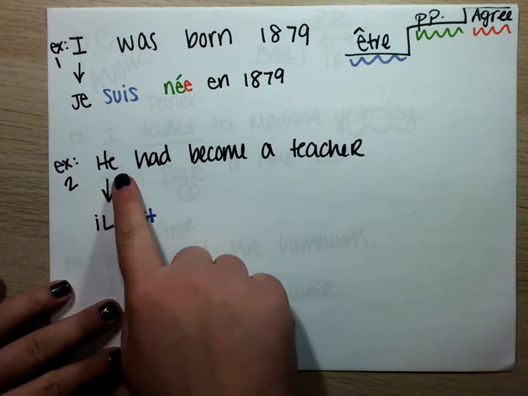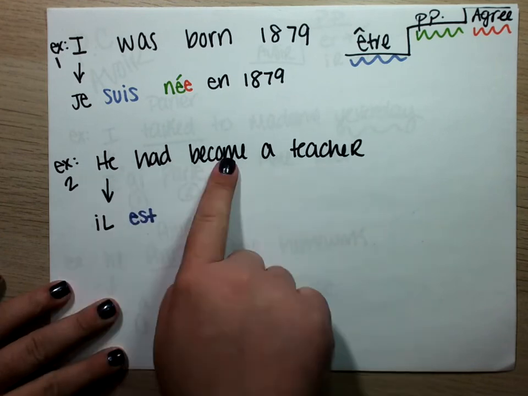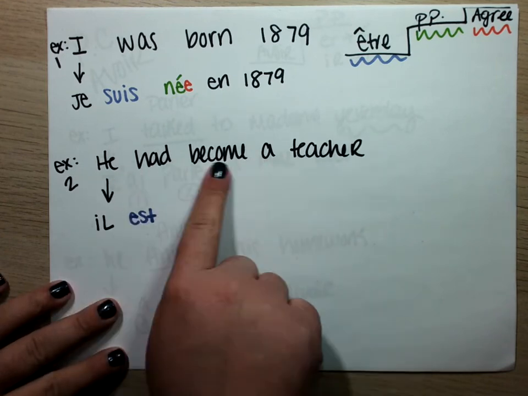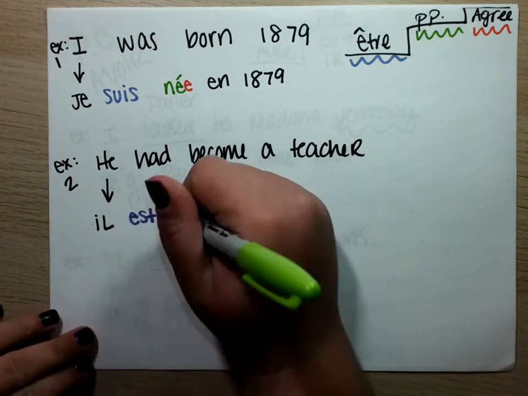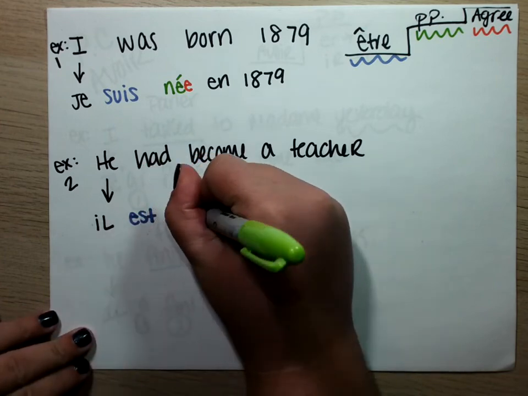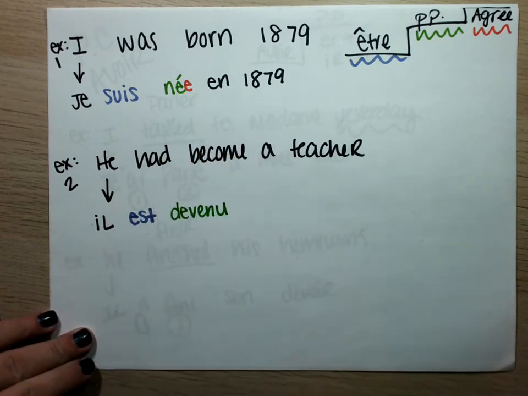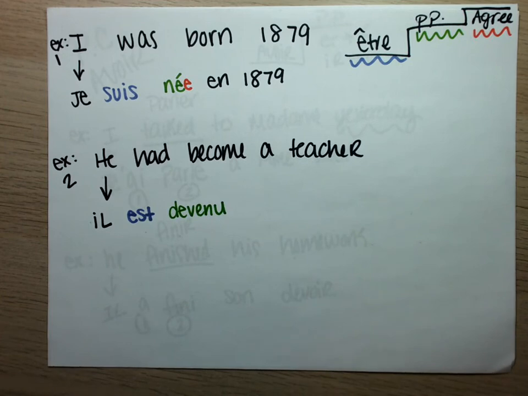So in English, we don't really say he had become a teacher. We just say he became a teacher. But I'm writing it out so we can kind of see how the steps match up. So we need the became in English. That's the verb devenir. And devenir is irregular. So il est devenu. And now we need teacher.